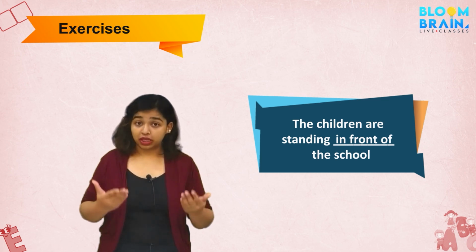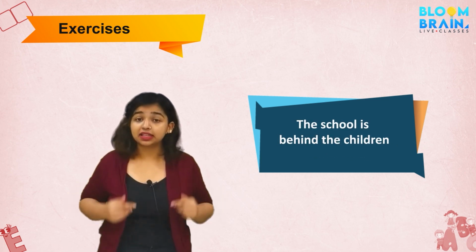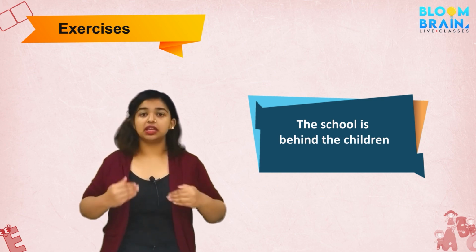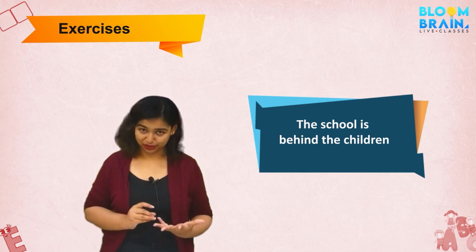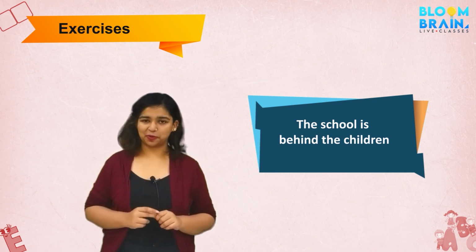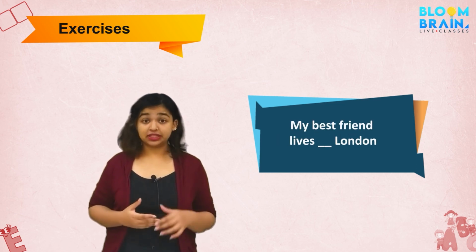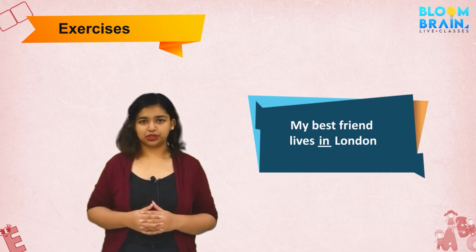Or we can also say there is the school behind the school children, right? Behind. So in front of and behind. These are the two things that I forgot to tell you, but please note these right now. Next, my best friend lives dash London. In London. Absolutely.